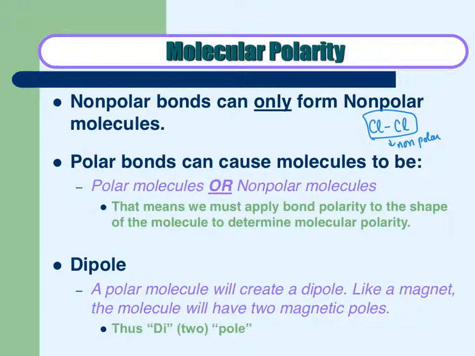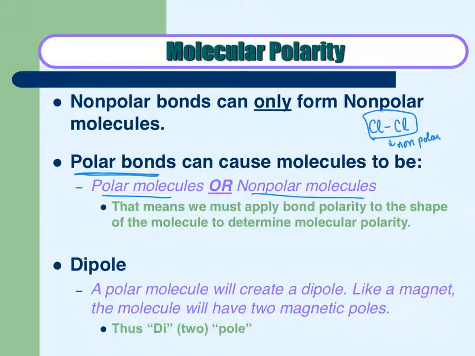But if I do have polar bonds within my molecule, that means I either have a polar molecule or a nonpolar molecule, and I have to decide how by drawing out my modified Lewis structures and then adding a little bit to it. So we have to apply bond polarity to the shape of the molecule to determine if the molecule is polar. We're tying it all together here.